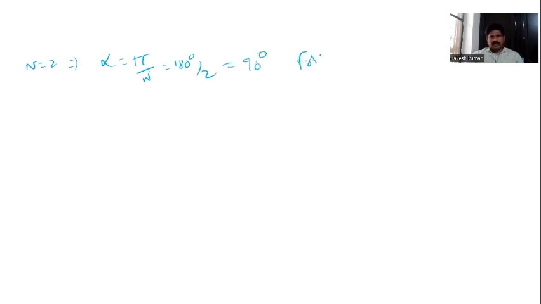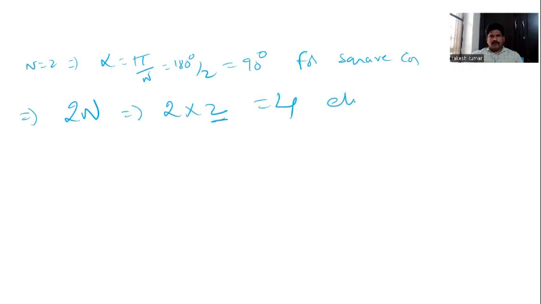So for a square corner reflector, how many elements will be there? There will be 2n elements. Here n is equal to 2, so totally 4 elements will be there. How are they arranged here? The arrangement is like this.